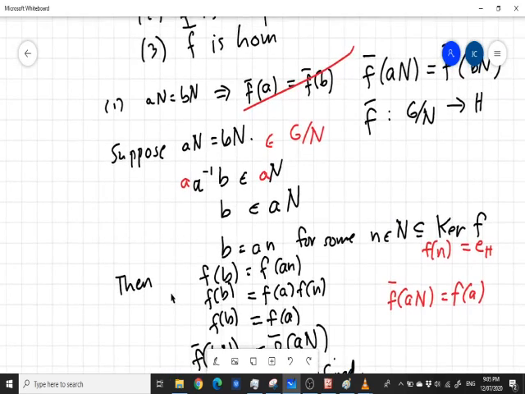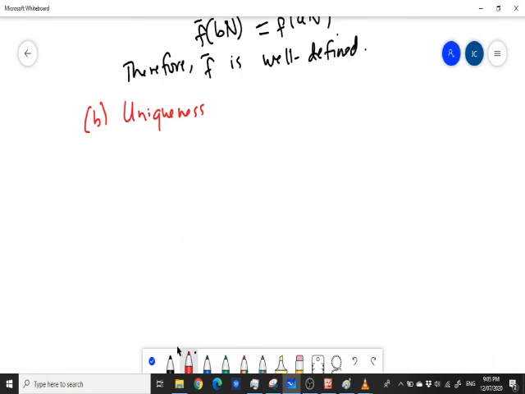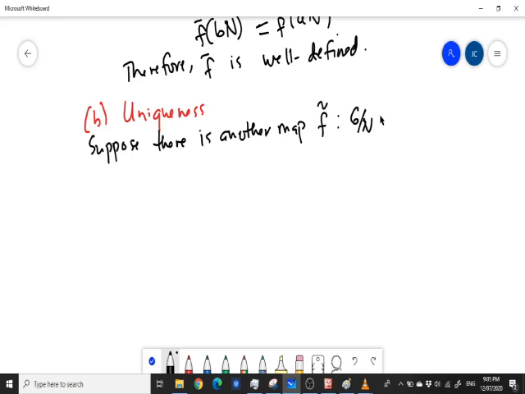Let's proceed to uniqueness. So how do you do that? Suppose there is another mapping, say f tilde from G mod N to H, defined similarly, so f tilde of aN is equal to f of a, the image of a under f.